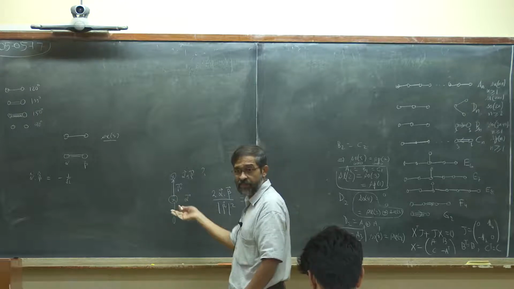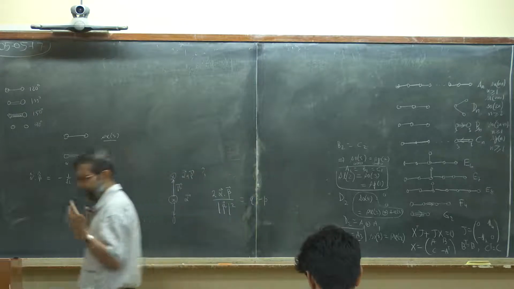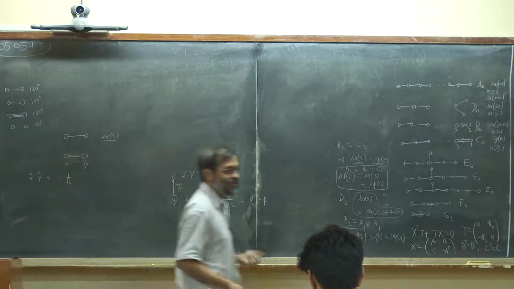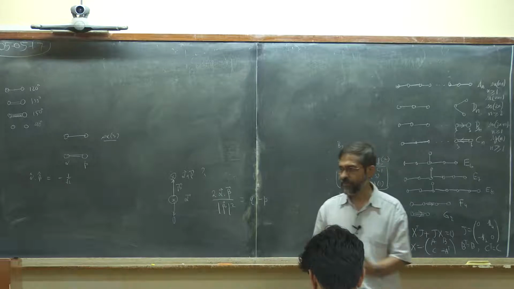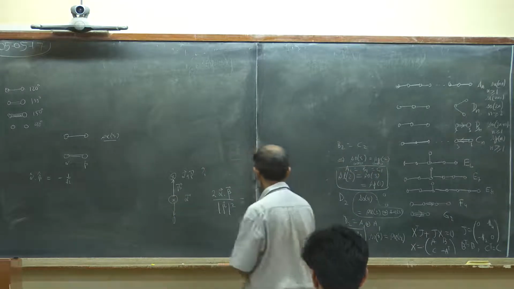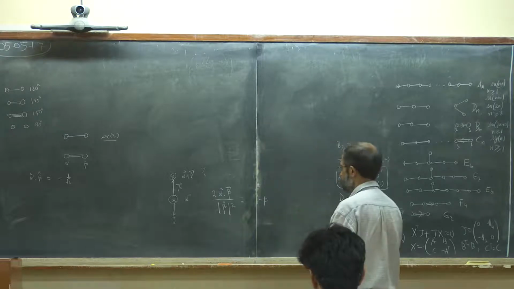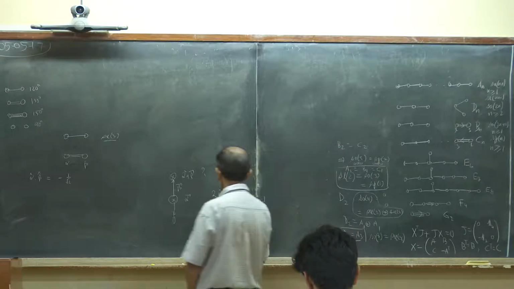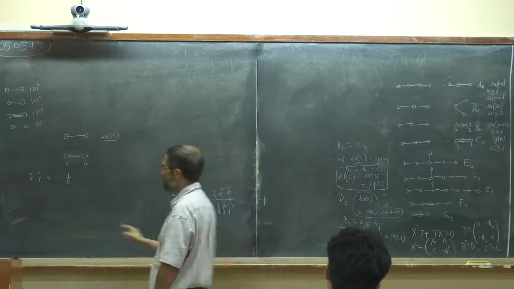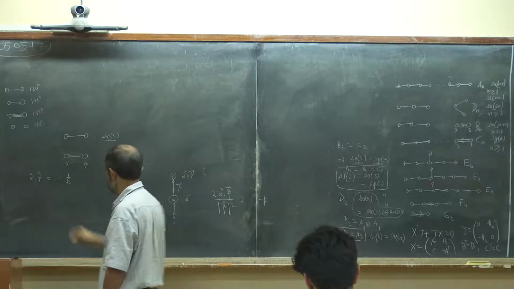So simple roots can also be called the lowest weight vectors of the adjoint representation. This is something that is good to remember. So therefore q is 0. Very good. Now you can apply this formula here.